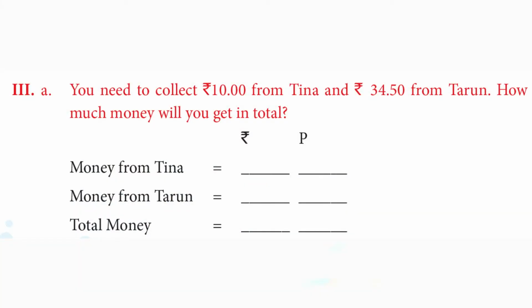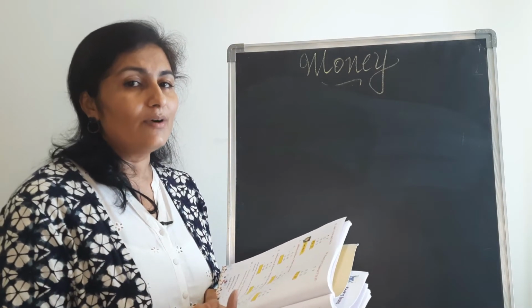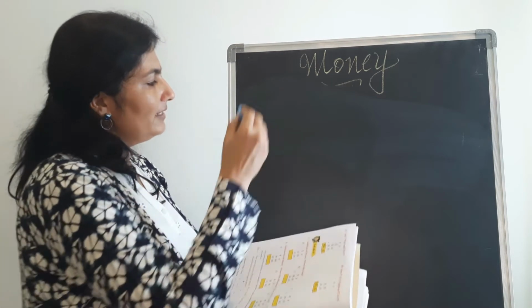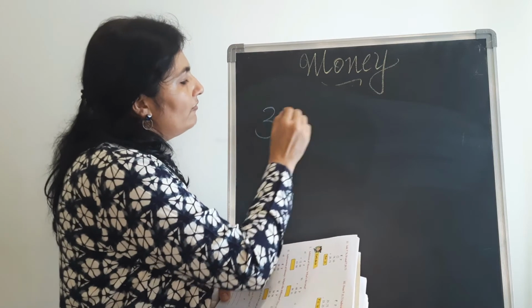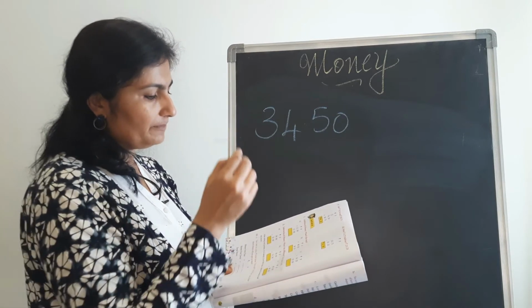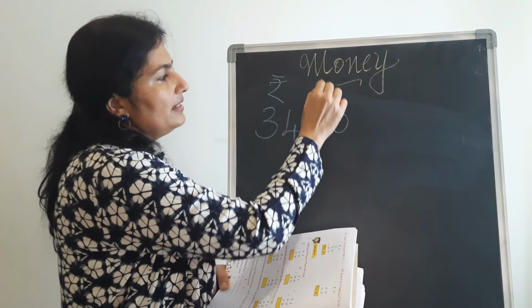Okay, so look at the third exercise. You need to collect rupees 10 from Tina and rupees 34.50 from Tarun. How much money will you get in total? The moment they say how much will you get in total, that means it's a word problem for addition. So what is the amount that is given? 34.50. This is rupees and this is paise.